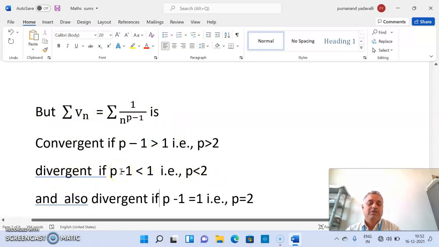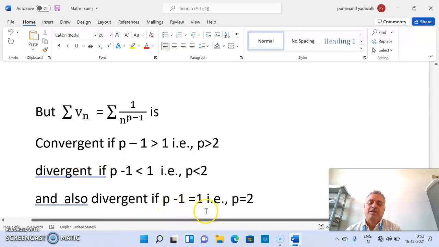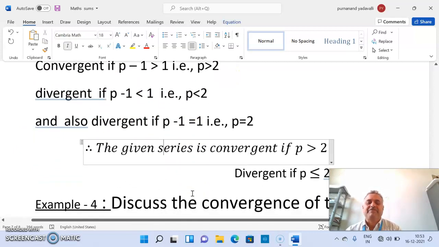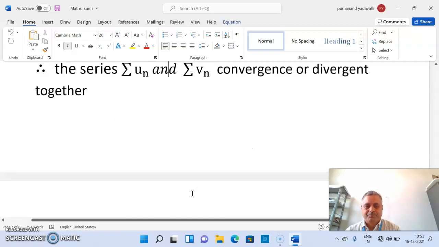Therefore, the series un also diverges. If p minus 1 is equal to 1, in this case also, the sigma vn diverges. Therefore, un diverges. That means the given series is convergent if p greater than 2, divergent if p less than or equal to 2.